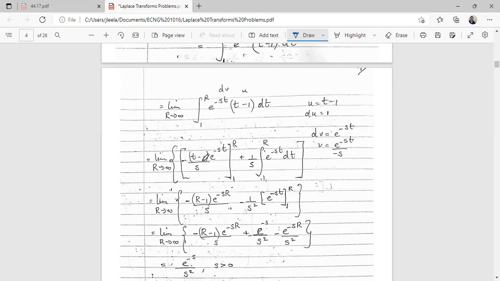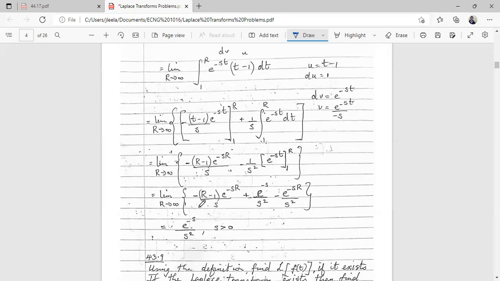So that term will just vanish. So you notice you just have the term with the upper limit here. And then when you integrate e to the minus st, you'll get a minus 1 over s at the bottom. You pull that out, so you get minus 1 over s squared, and then you take the limit here of this function, e to the minus st between r and 1.